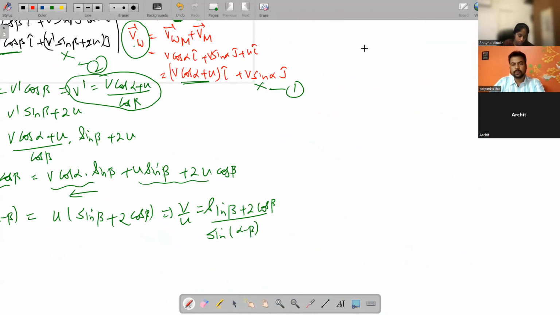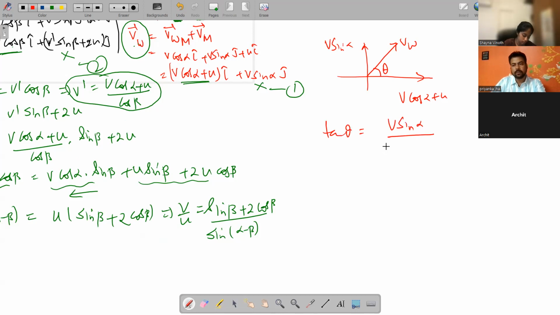Suppose this is your V cos alpha plus U along i, and this is V sin alpha. This is the actual velocity of wind. If you want to find this angle, tan theta would be V sin alpha upon (V cos alpha plus U). This is what you want to find, right?